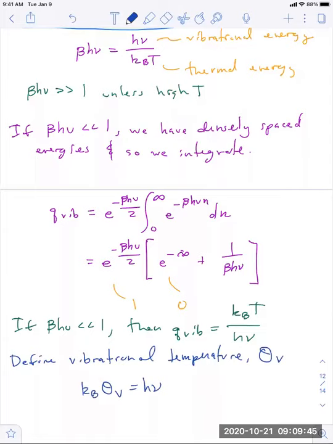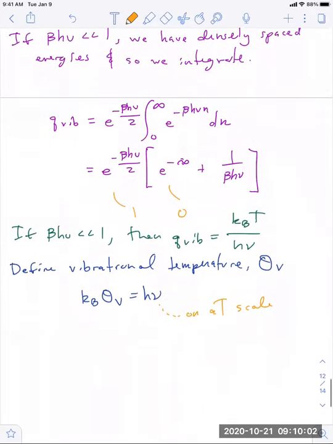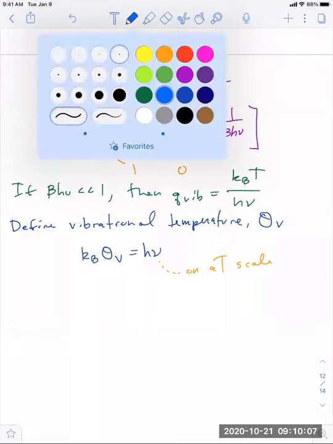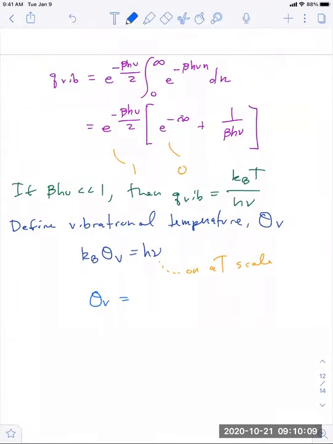That allows us to think about these vibrational frequencies on a temperature scale. So if theta v is equal to h nu over kB, then theta v is proportional to these vibrational frequencies.